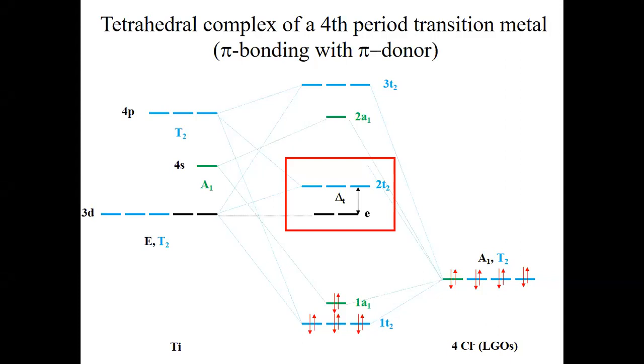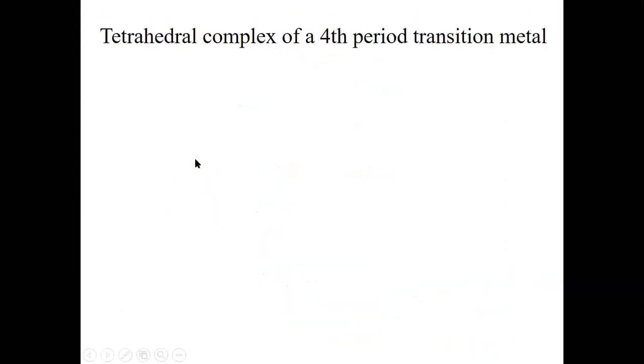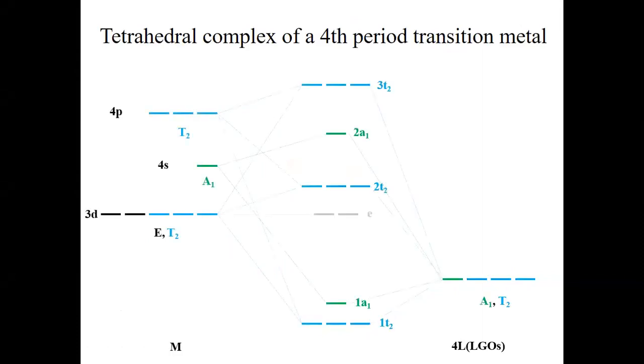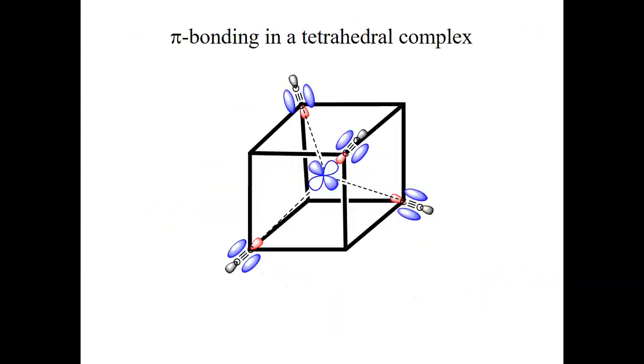Okay, now let's move on with the tetrahedral complex under the consideration of pi bonding. When we started to look at this, that was actually this slide, so that we already discussed.